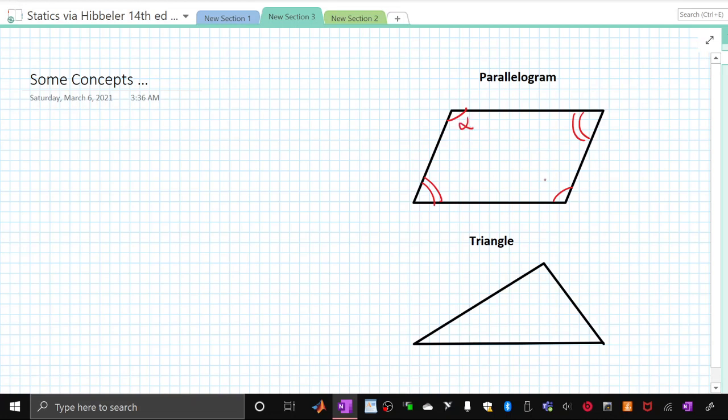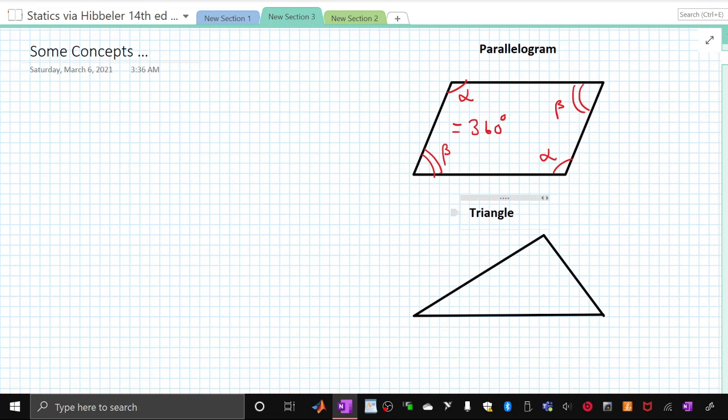So like this is alpha, this has to be alpha, and if this is beta, this has to be beta too. Another important thing to remember is that the sum of all the interior angles of the parallelogram, or any quadrilateral in fact, has to be 360 degrees. Okay, so that's the parallelogram.